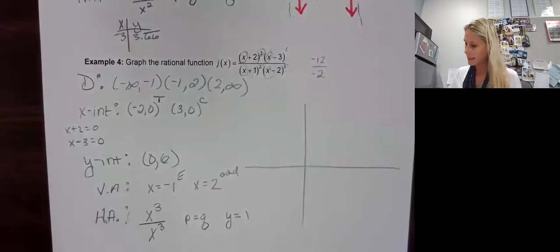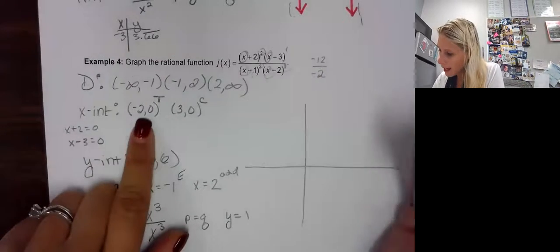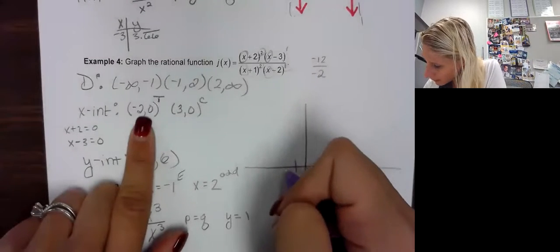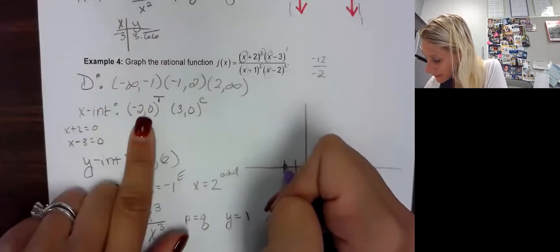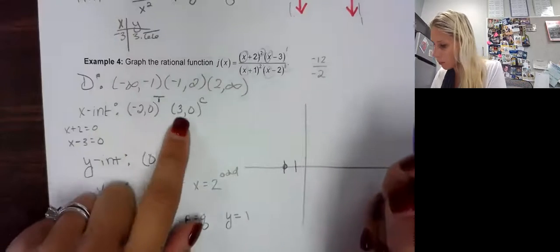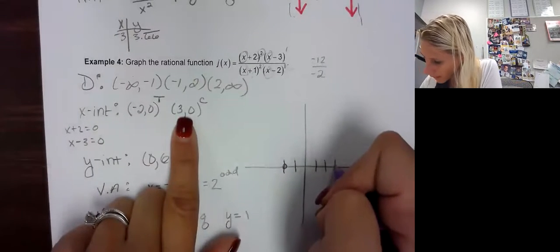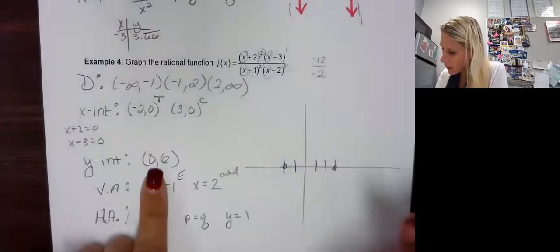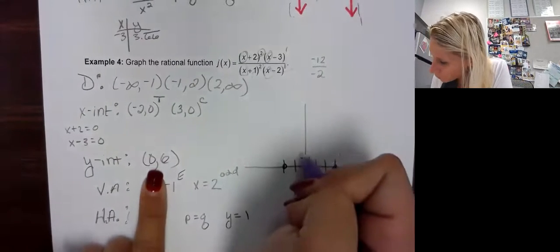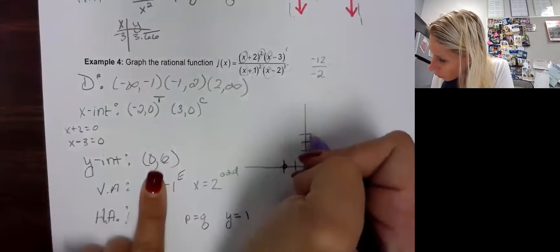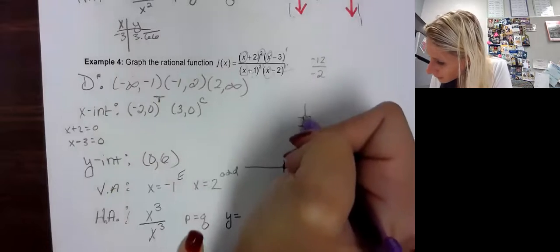All right, let's see. So we have an x-intercept at -2. Now be careful because that touches. So let's remember that when we graph. 1, 2, 3. That one crosses. We have a y-intercept at 6. 1, 2, 3, 4, 5, 6.